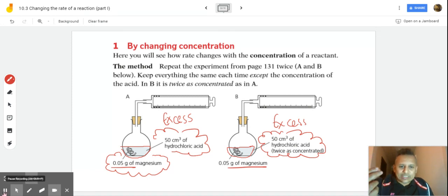So we are expecting a greater success rate of reaction between the acid particles and the magnesium over a given period of time, because there are twice as many acid particles present in B compared to A. So there's double, so the chances are double.